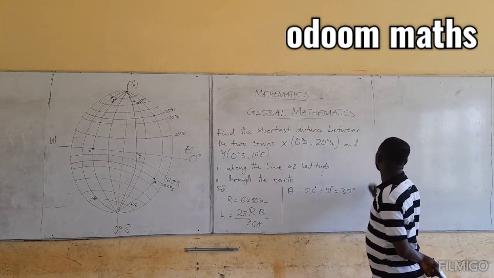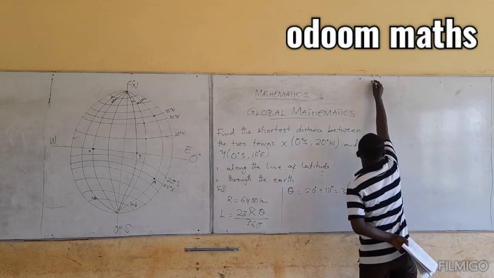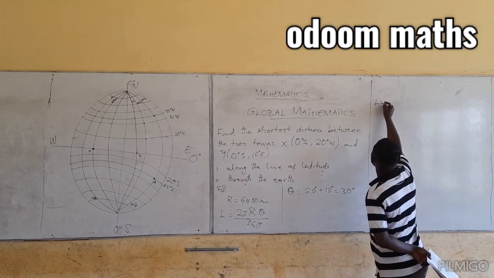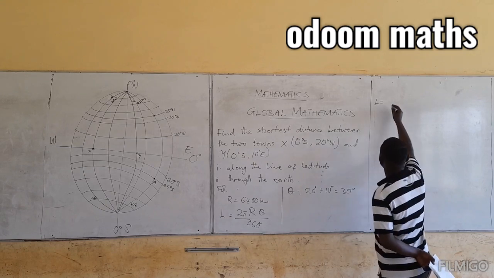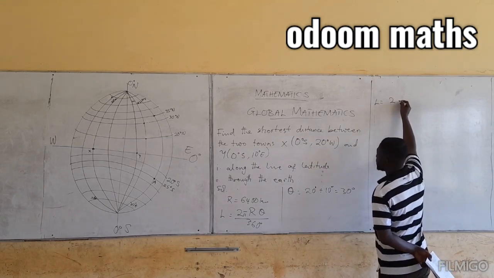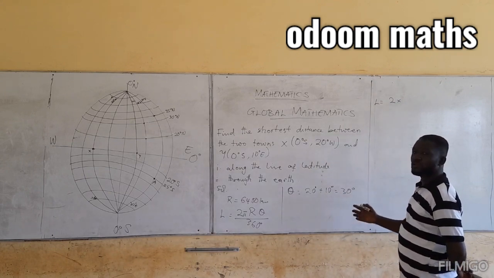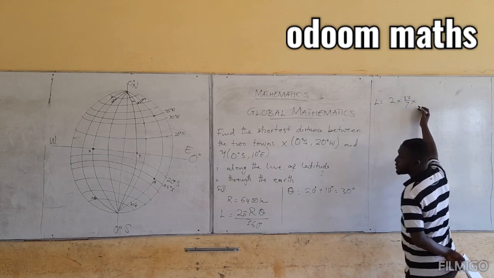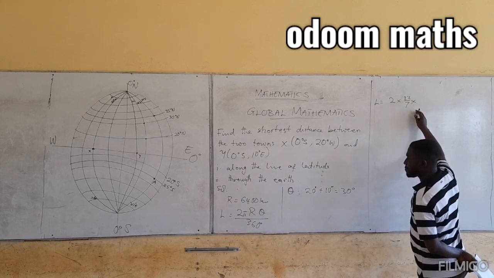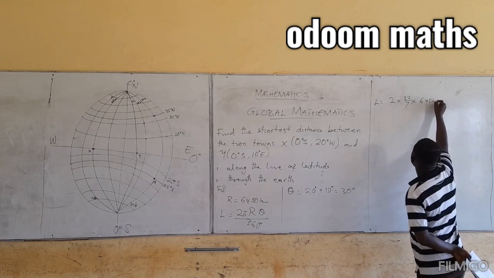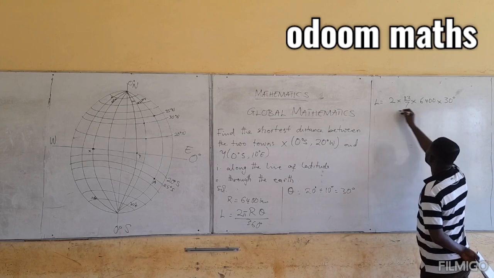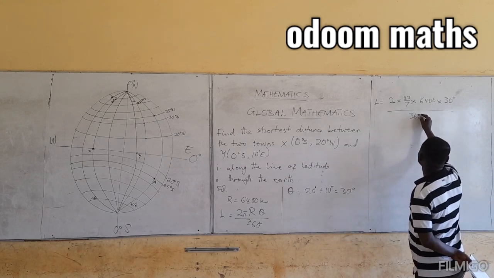So now our length, or the distance between these two towns, is going to be 2 times, since pi was not given, we may use 22 over 7. So 22 over 7 times 6,400 times 30 all over 360 degrees.